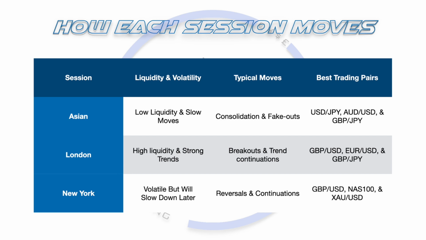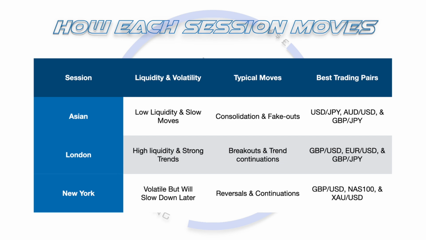When it comes to liquidity and volatility, it's volatile at the open due to high volume institutional orders, and then it slows down after just a few hours as liquidity starts to dry up. Typical moves in the New York session: reversals. If London has trended strongly, New York often reverses the move. Continuations: if momentum remains strong, New York will extend the London trend.